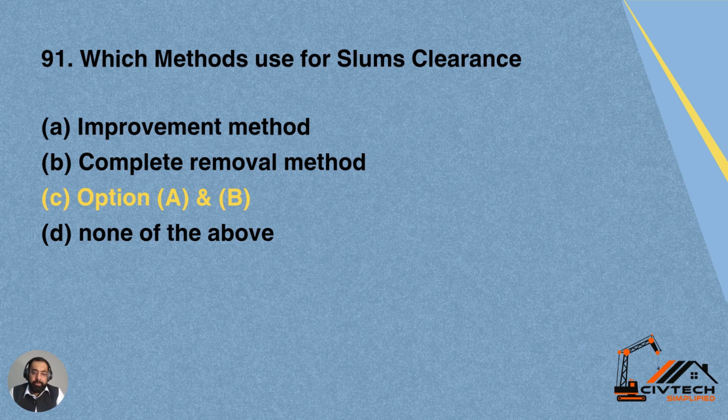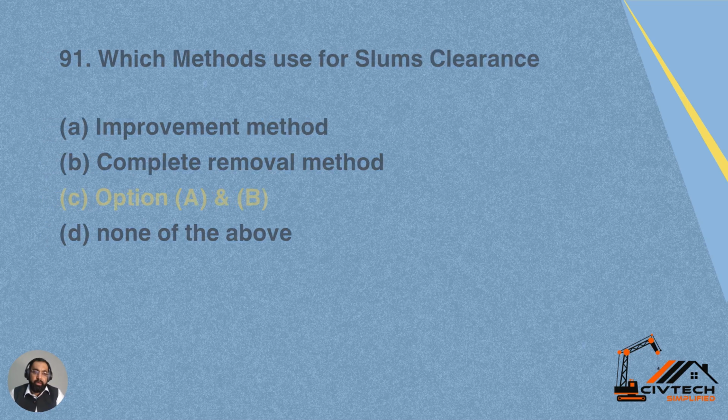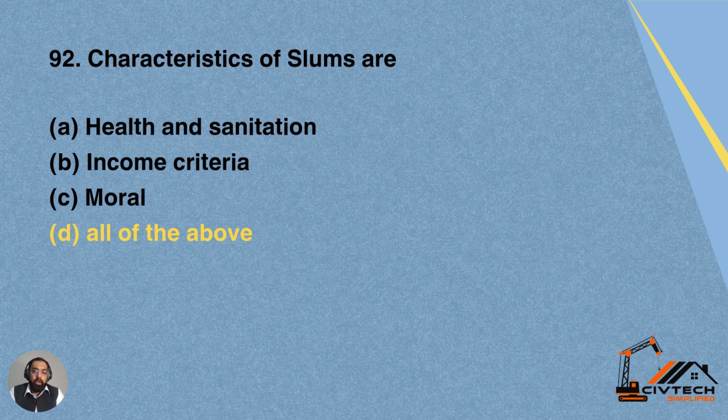C, option A and B. D, none of the above. So option C is correct, which is option A and B both. For slum clearance, we normally use the improvement method. Either we improve the slum conditions and convert into normal livelihoods, or we completely remove the slum from that place. So A and B are correct for 91.